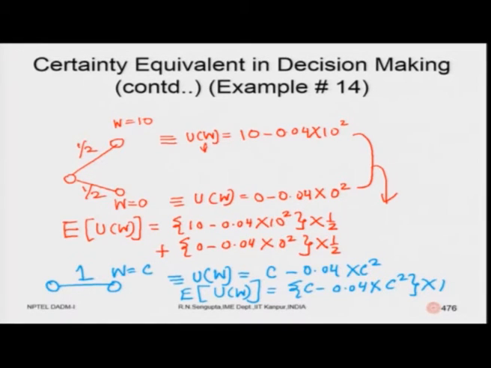Now, what should I do? I should equate them. What do I equate? Everything is known on this side, and everything is known here except the value of c. So, it is basically a quadratic; find out the c value, and that c value is the certainty equivalent.